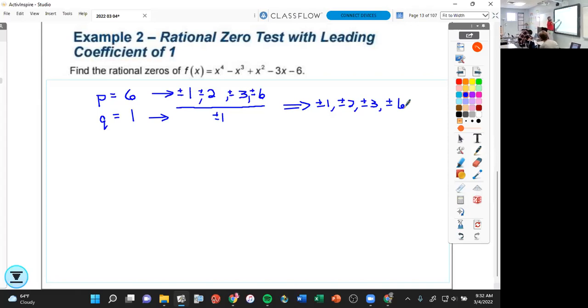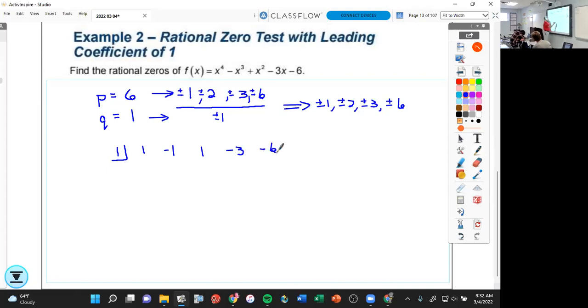So if I was using synthetic division, and I wanted to see if 1 works, I'm going to try 1. My coefficients are 4th degree, 3rd degree, 2nd degree, 1st degree, and my constant, right? What do I do? First number comes straight down. Now what do I do?